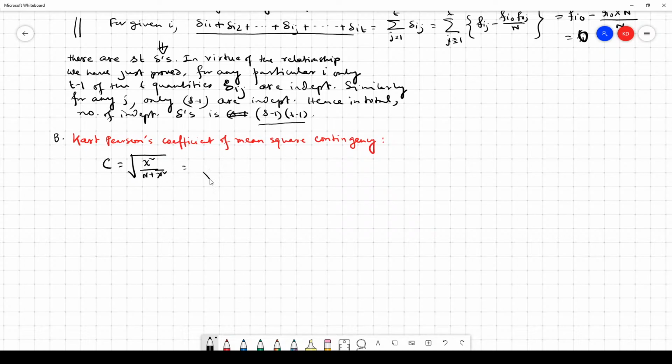In terms of phi, it should be phi square by 1 plus phi square. Just divide both numerator and denominator by capital N, then we get this.